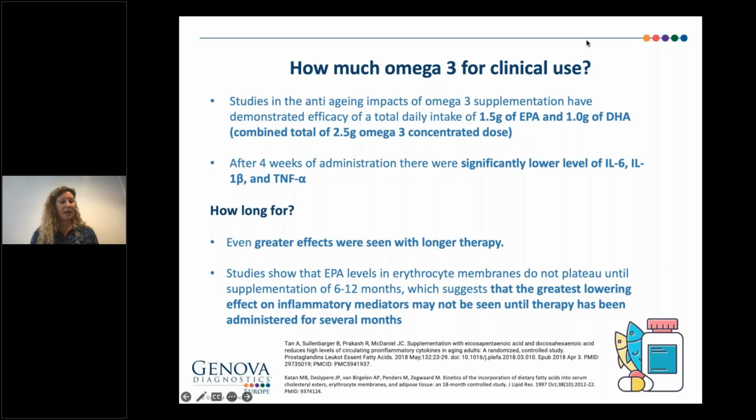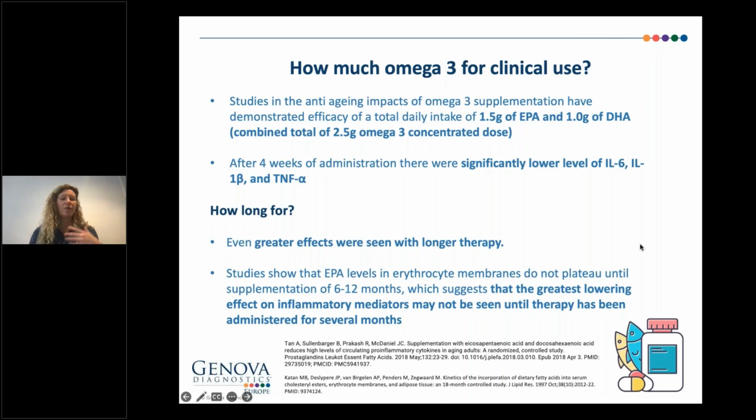And in one particular study, they saw that after 4 weeks of administration of this dose, there were significantly lower levels of interleukin-6, interleukin-1 beta, and TNF-alpha. And one of the interesting things is that even greater effects were seen with longer therapy over a longer period of time.